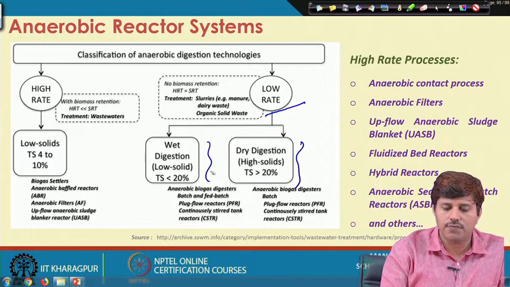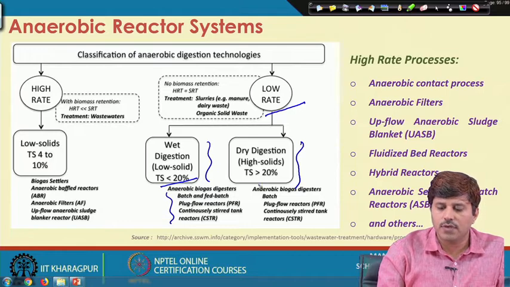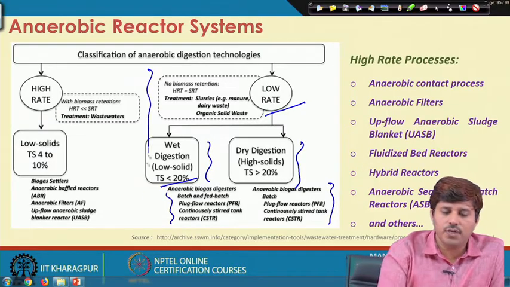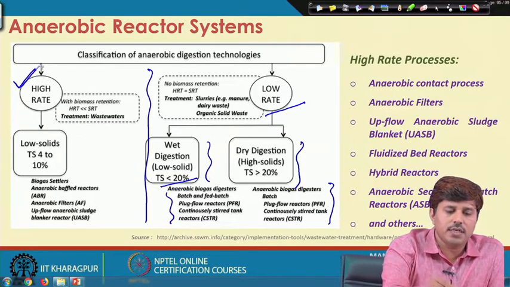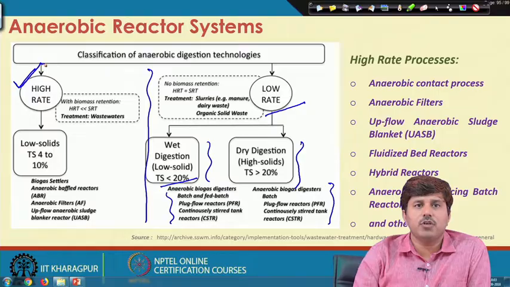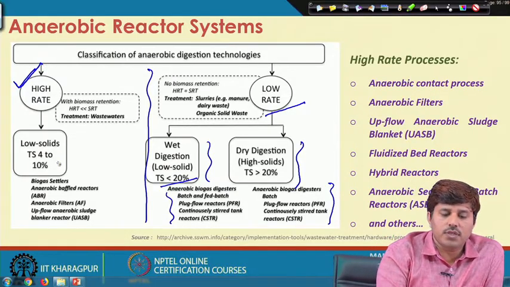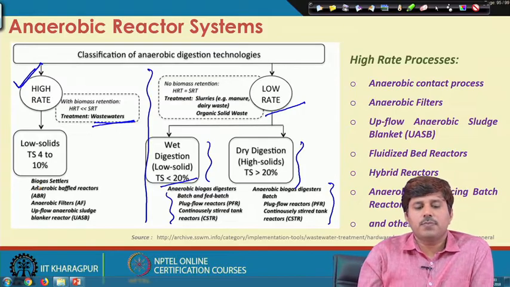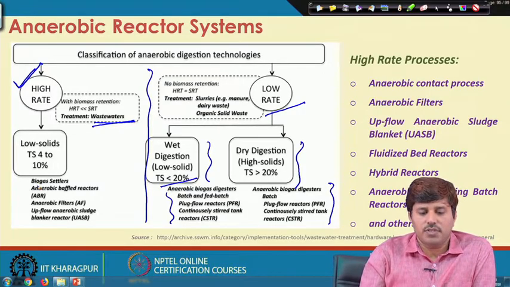When you have low solid content, less than 20%, you can go for wet digestion. When you have high solid concentration, we can go for dry digestion, but these are for solids. We are more interested in high rate anaerobic processes, which are good for wastewater, where the solids, typically total solids, are 4 to 10% only.